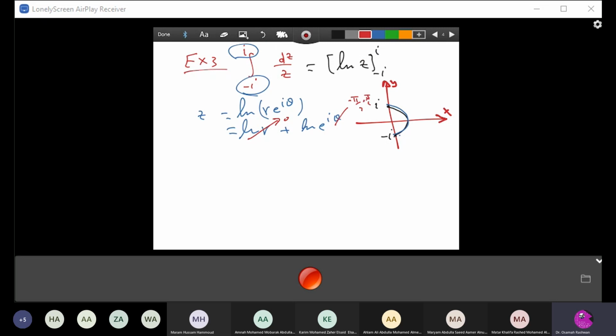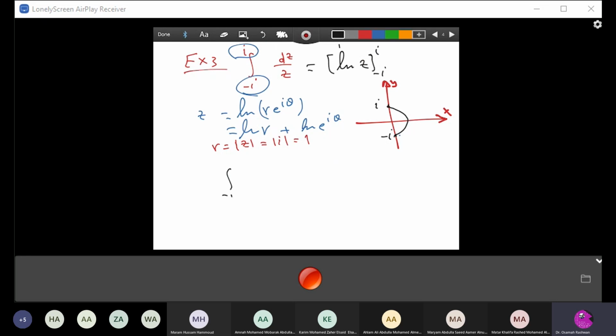This is how to handle this one. So r is equal to the absolute value of z, the absolute value of i, which is 1.